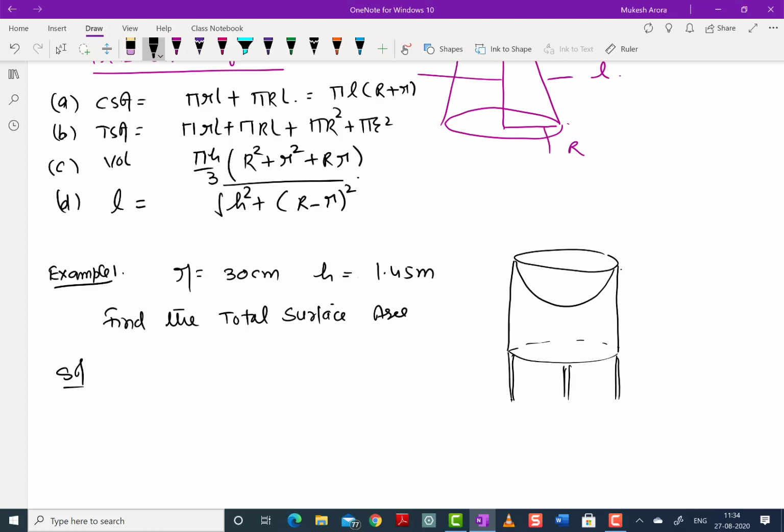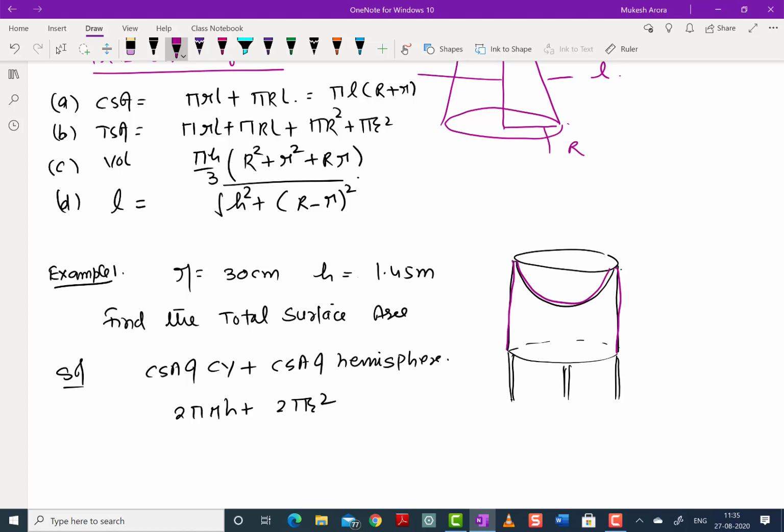So that will be CSA of cylinder plus CSA of hemisphere. CSA of cylinder is 2 pi r h plus 2 pi r square. If I have to paint, I will paint here and I will paint here.